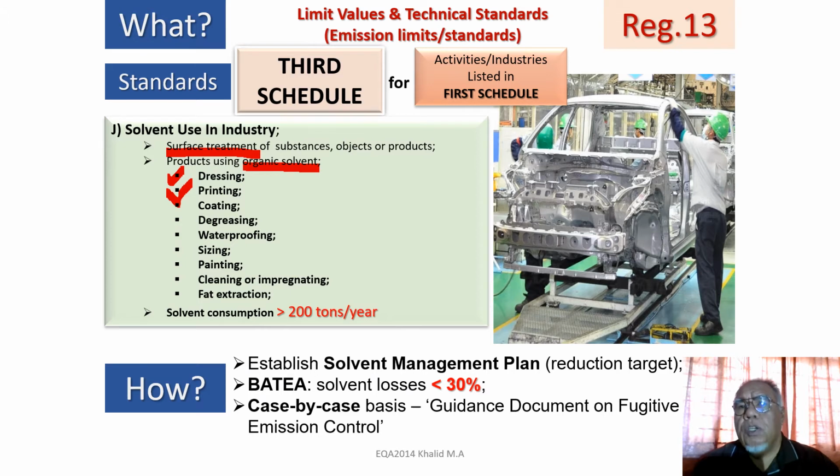All this printing uses ink, and as you know, when we use ink, we have to mix ink with solvent. Normally, it could be benzene or xylene. When ink is being mixed, it depends on water-based ink or oil-based ink. Water-based ink still uses xylene. So solvent is being used in printing.